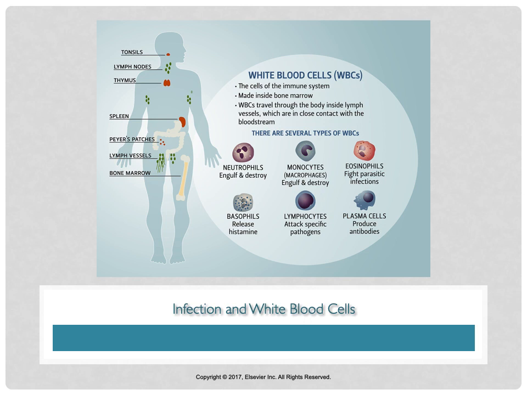So as you can see on this picture, we have a number of parts of our body that contribute to our immune system, which includes the tonsils, the lymph nodes, the thymus, the spleen, Peyer's patches, the lymphatic vessels, and the bone marrow.